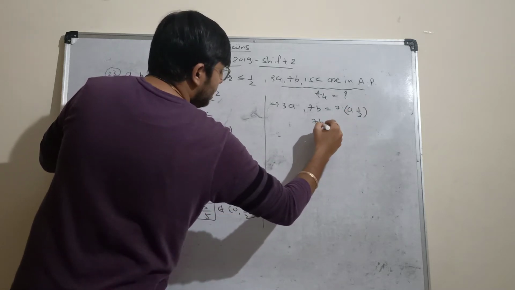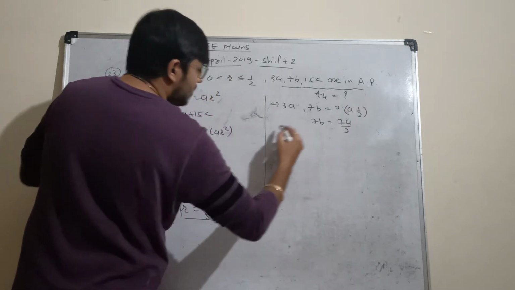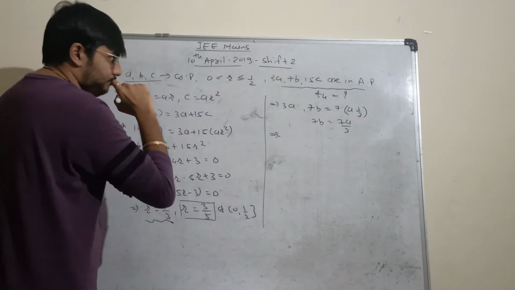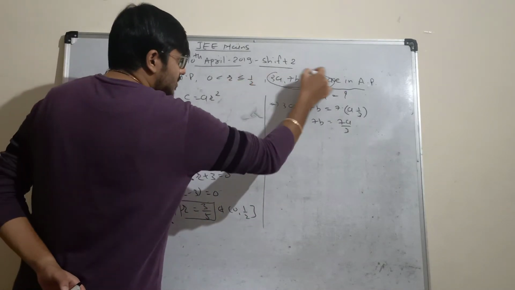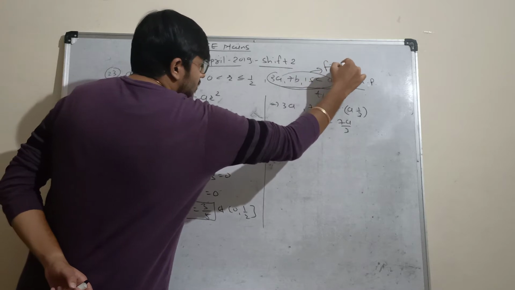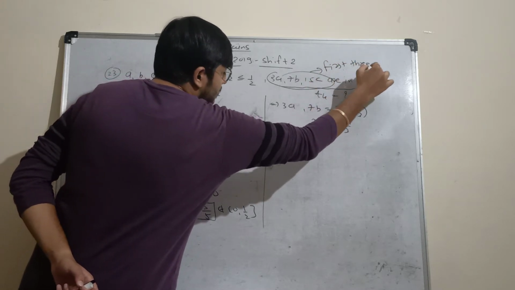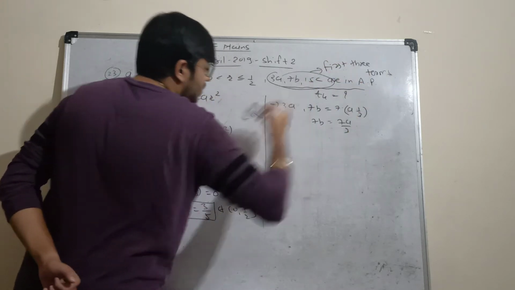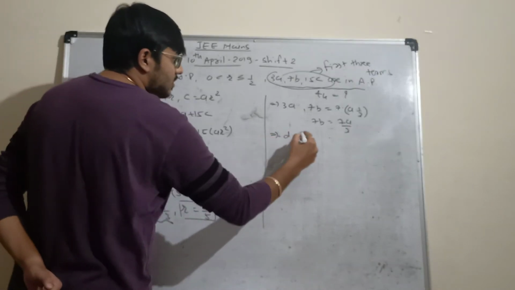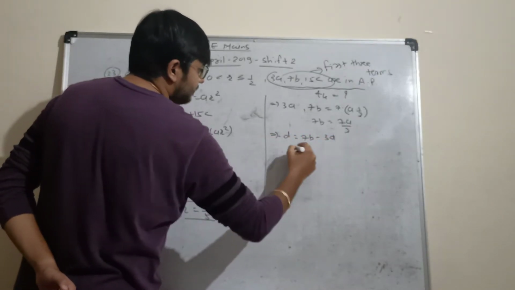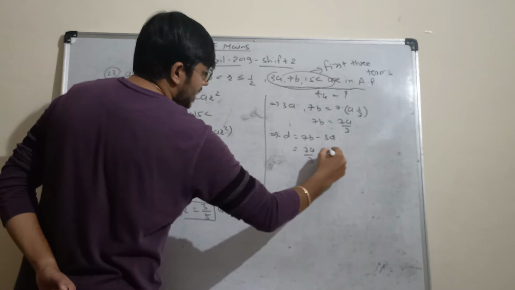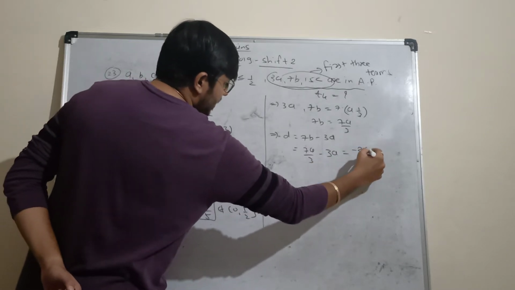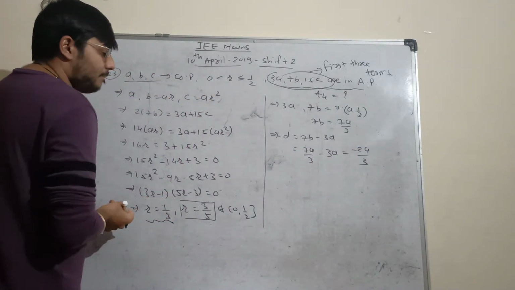So 7b will be 7a by 3. So what will be the difference? These are the first three terms given to us. So the common difference will be what? 7b minus 3a. So 7a by 3 minus 3a. So it will be minus 2a by 3, right?